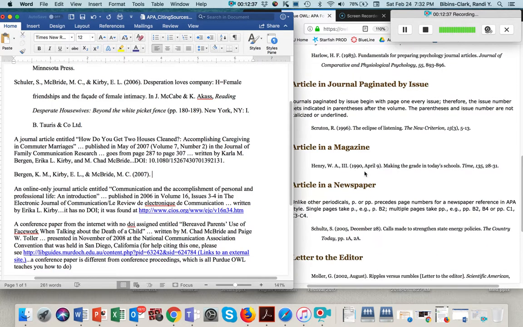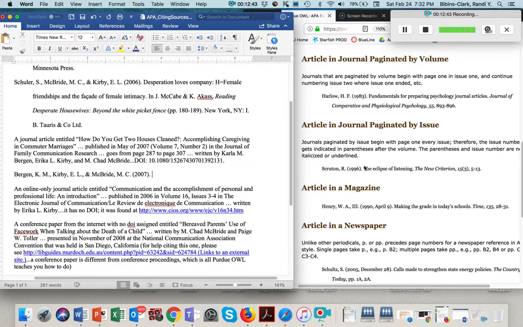Next is the title of the article. So we want to put that only capitalizing the first letter of the title, and it's not in italics or anything like that. So regular old print.